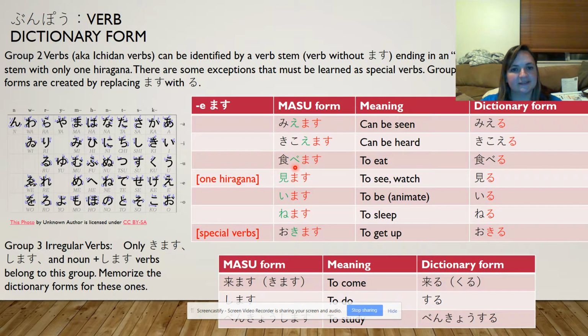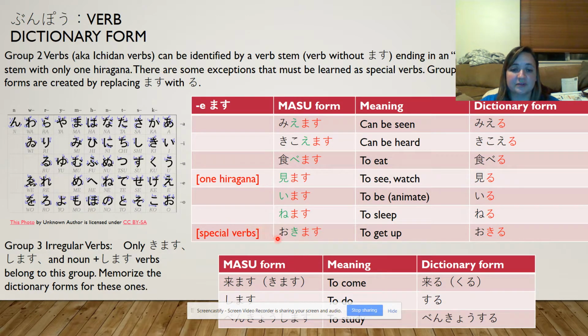But tabemasu, again, it ends in an e sound. So we go over here to our chart. It has one of these e sounds in it, right? So tabemasu becomes taberu. Mimasu becomes miru. So these ones are one hiragana examples. Imasu becomes iru. Nemasu becomes neru. So far, so good, right?